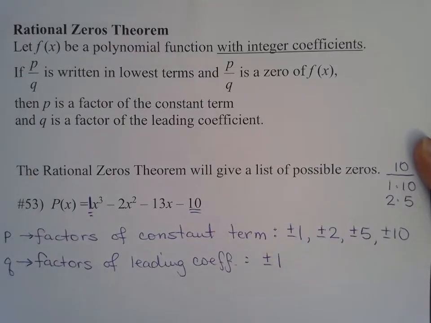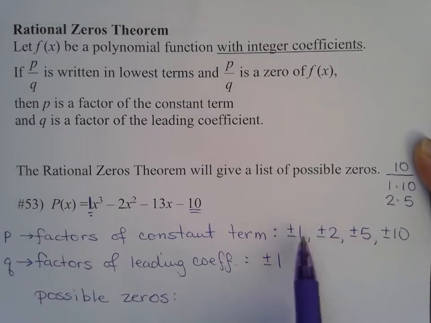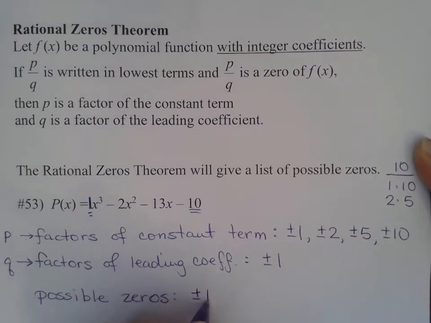Okay, so then the list of possible zeros is any fraction I can make where I take a number from the list of P divided by a number from the list of Q. So I could have 1 over 1, which would be plus or minus 1.